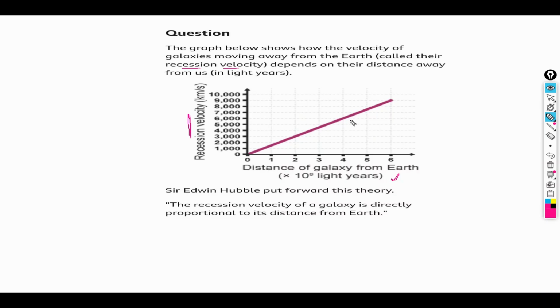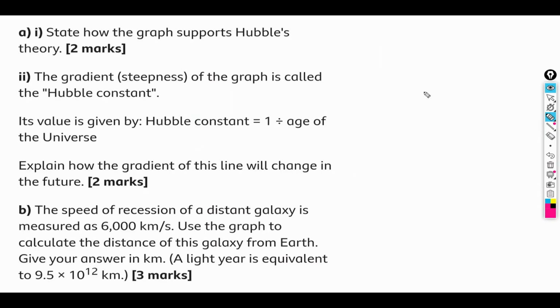This graph is of directly proportional. So the distance is directly proportional to the velocity. What the question is, state how the graph supports Hubble's theory. As we have seen in Hubble's theory, the recession velocity was directly proportional to the distance in light years.